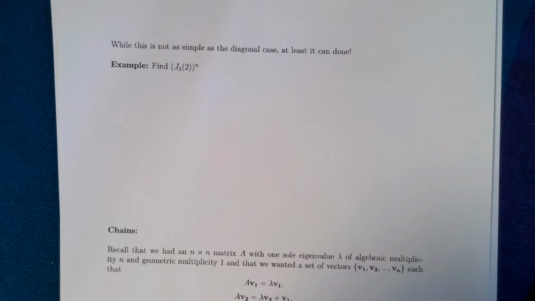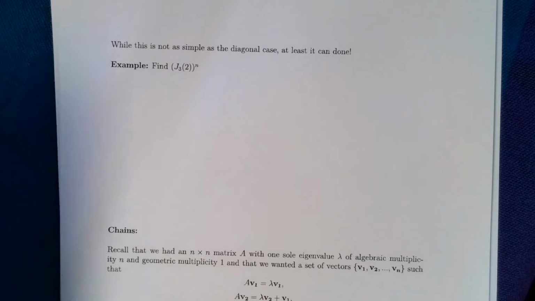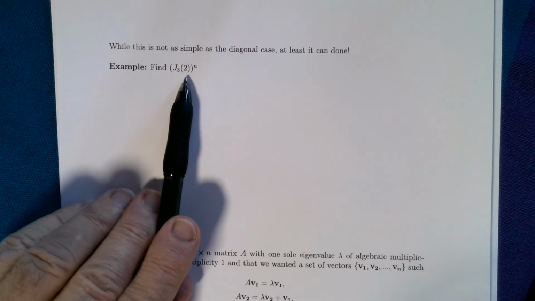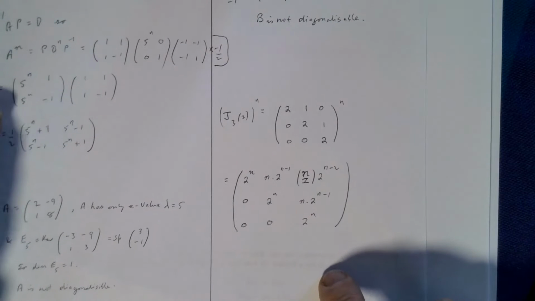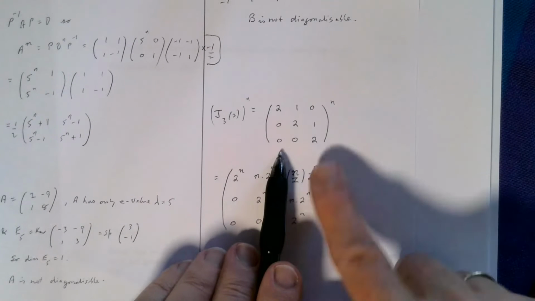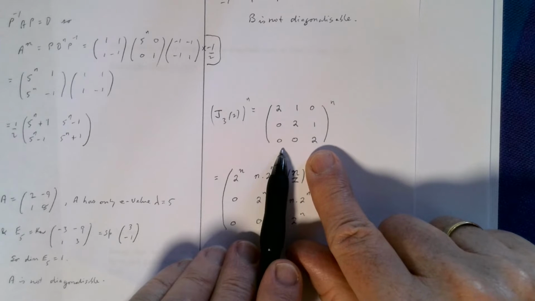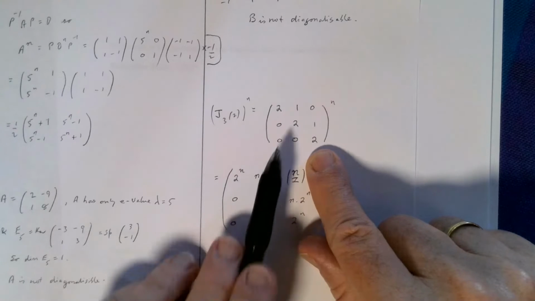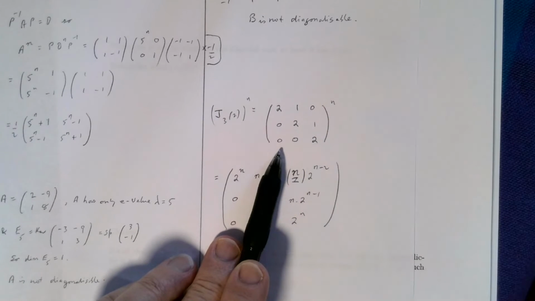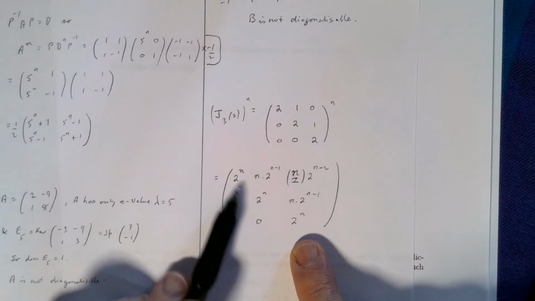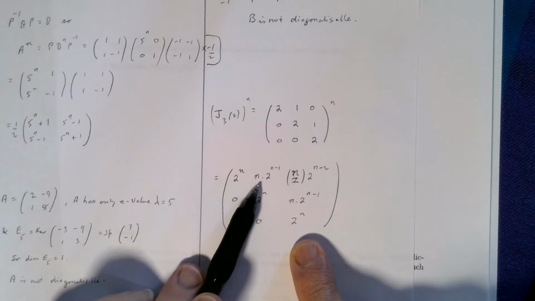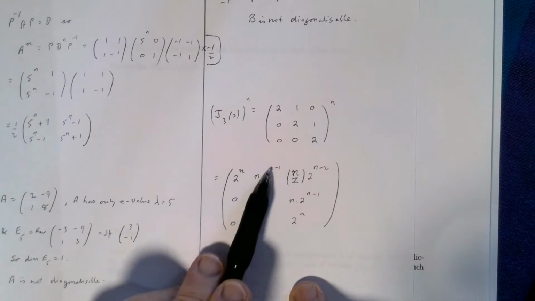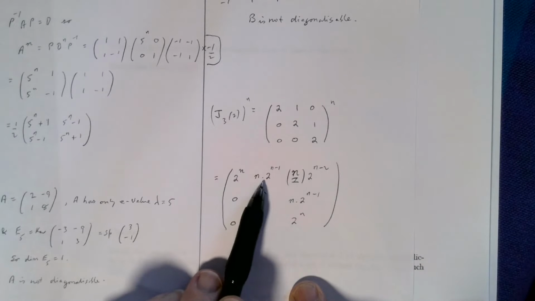It can be done. And just as a little example of that, we're going to find the nth power of a 3x3 Jordan block based on the number 2. So here's our Jordan block based on the number 2 of a 3x3 matrix: 2 along the main diagonal, 1's just floating on the off diagonal. So the nth power of that, pattern matching with what we just did, you take the nth power of the main diagonal, you get n choose 1, which is just n, and you get the n minus 1th power of the 2, and that goes on the off diagonal.